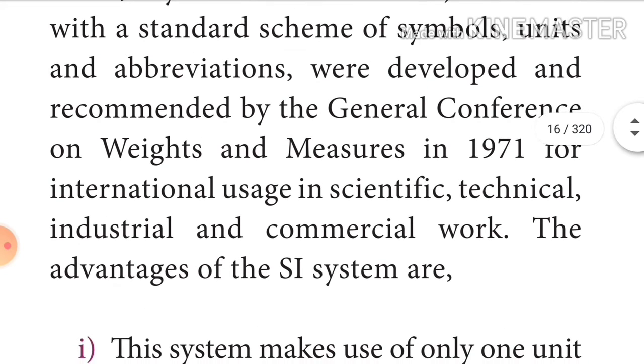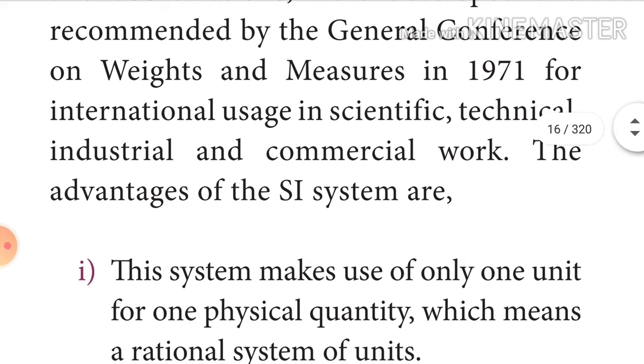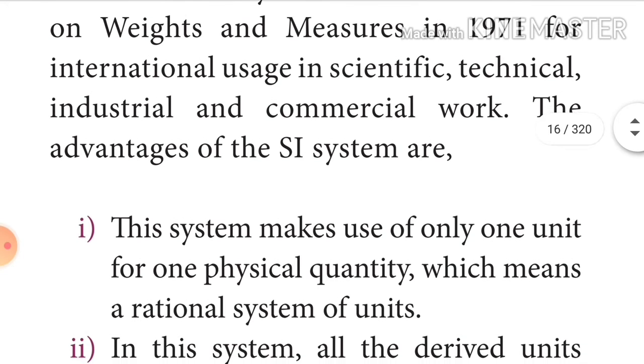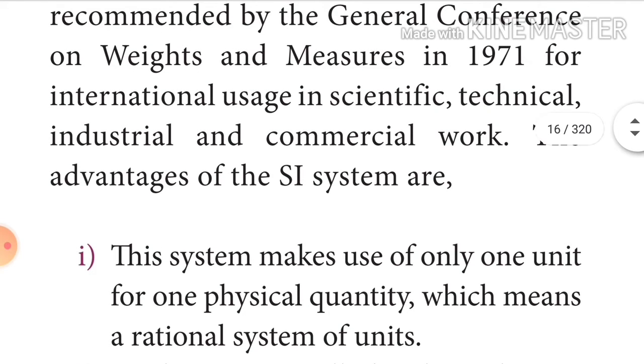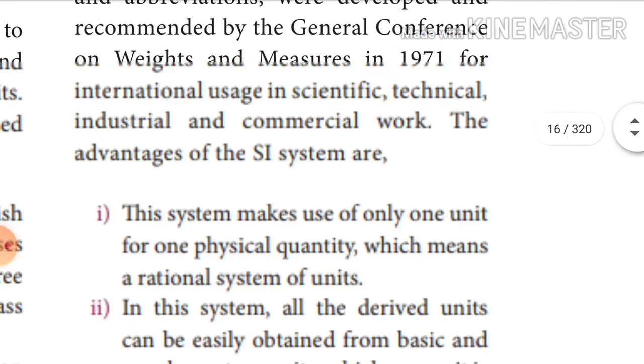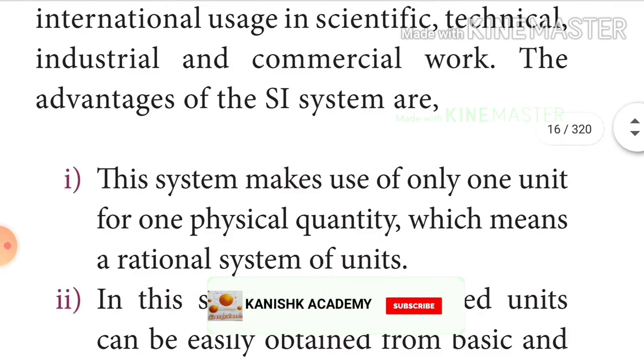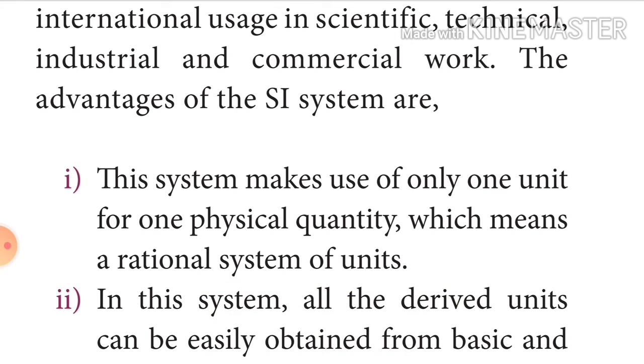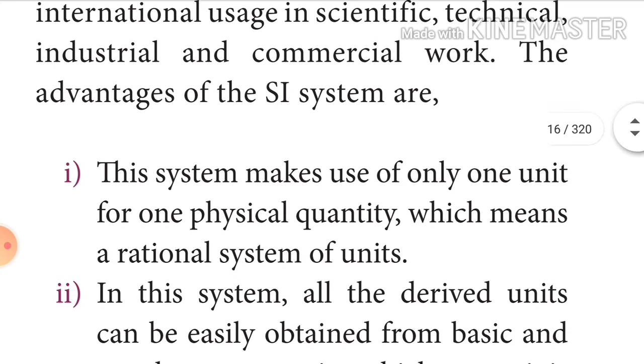The advantages of the SI system are very important from the examination point of view. First one, the system makes use of only one unit for one physical quantity, which means a rational system of units.